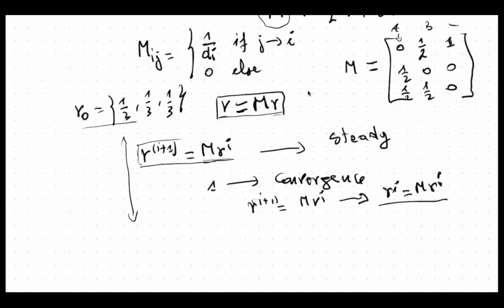If you want to rewrite it as the eigenvector formula, with the same notation, it says that if you multiply M by R, it gives you lambda R. It's a straightforward equation for this particular matrix.